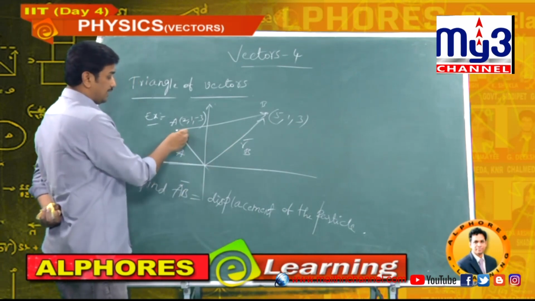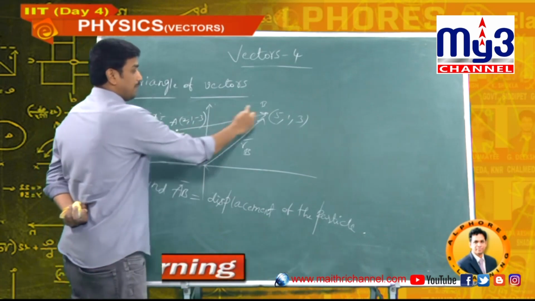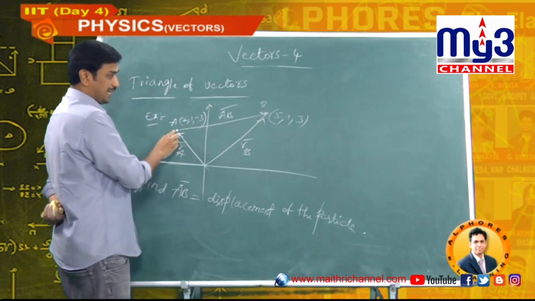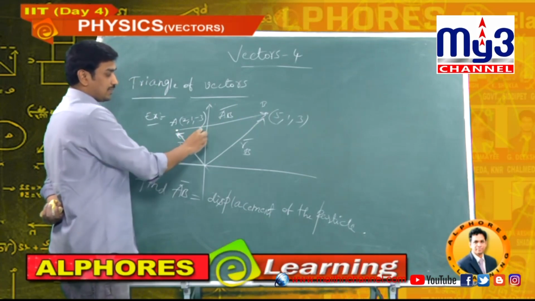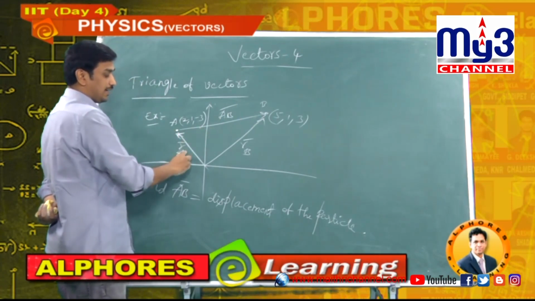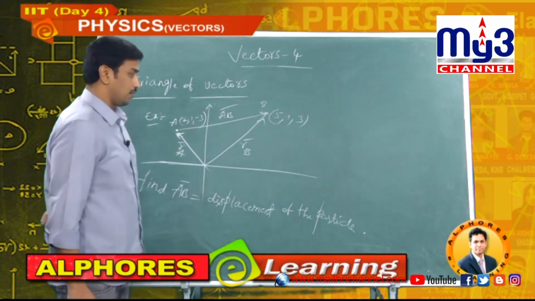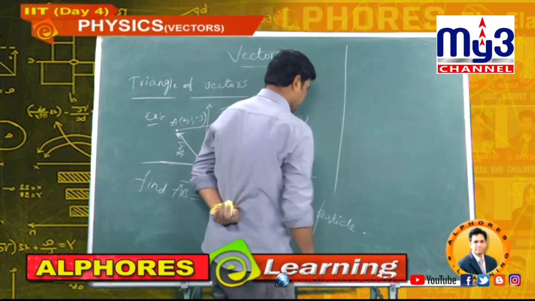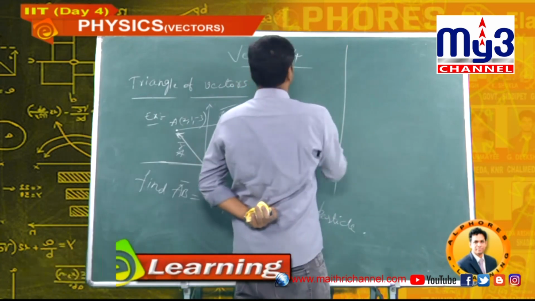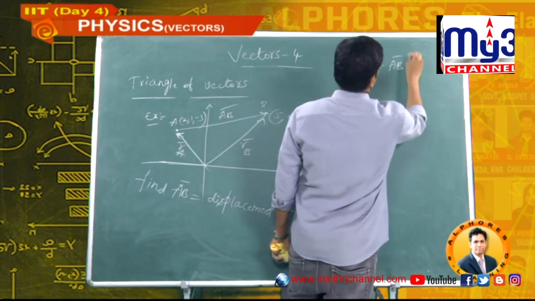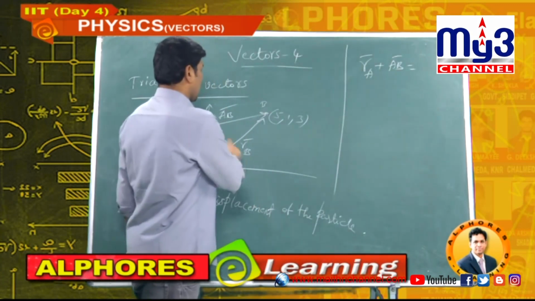RA bar head, AB bar tail. Head connected to tail, we are adding. These vectors represent two sides of the triangle, and the resultant is the closing side of the triangle. Now here I will write RA bar plus AB bar is equal to RB bar, the closing side.